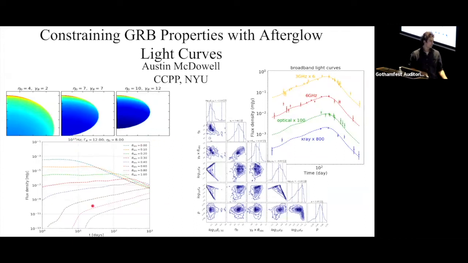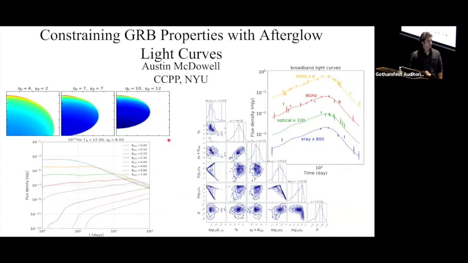So this is an example of that here. We have an afterglow light curve at 10^17 hertz for a more jet-like outflow. And we can look at what it would look like at several different observer angles. And these light curves we can create in a matter of milliseconds. So that allows us to do MCMC with a set of data.